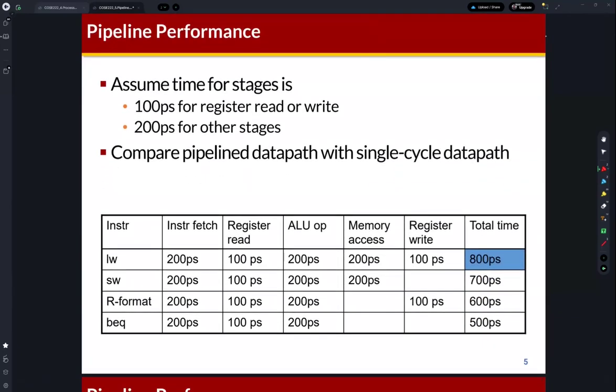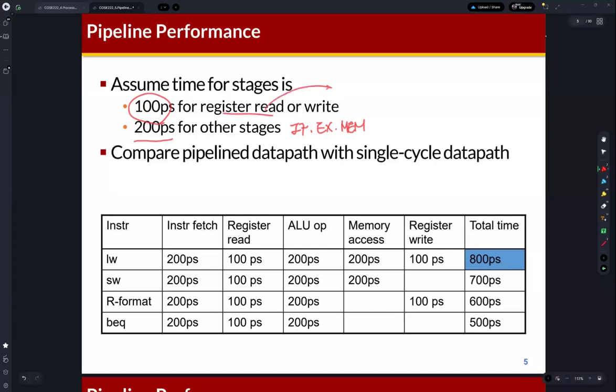Then, let's analyze the performance by pipelining, okay? This is just an assumption. Let us assume that register read and register write take 100 picoseconds, and other stages such as instruction fetch, execution, and memory take 200 picoseconds each.